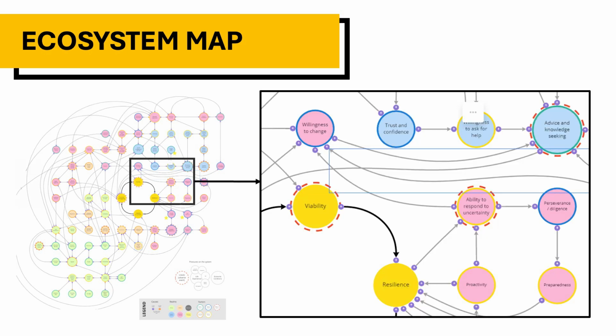Explaining the whole map is out of the scope of this video, but here is one example of an area of the map. Here we can see how different nodes link to one another. The central concept of resilience, for example, enhances the ability to respond to uncertainty. This in turn supports willingness to change. Willingness to change is attached to advice and knowledge-seeking behavior.